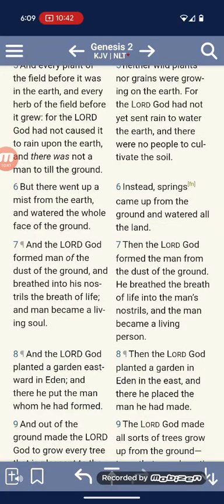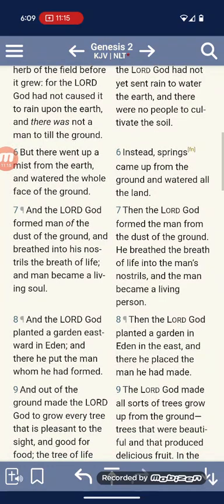And it says, "And the Lord Yahweh power formed man of the dust of the ground, and breathed into his nostrils the breath of life." All right. And man became a living soul. All right. So it says Abel means breath.